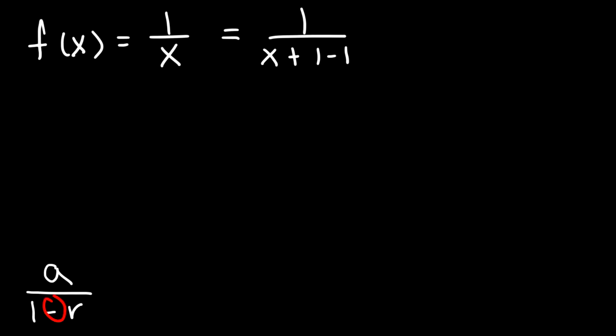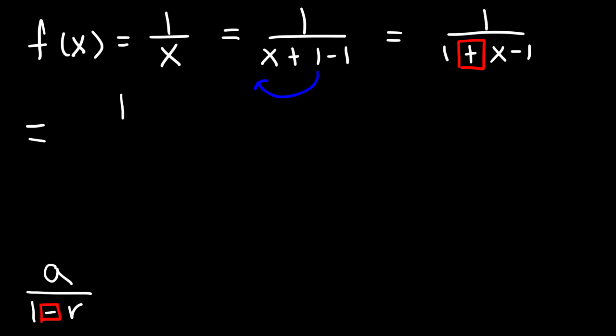Now I need a negative sign between 1 and r. So I'm going to move this 1 to the left side. So right now I have 1 plus x minus 1. Now I need to turn the positive sign into a negative sign. How can I do that?